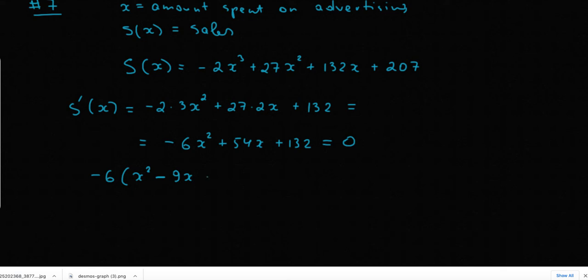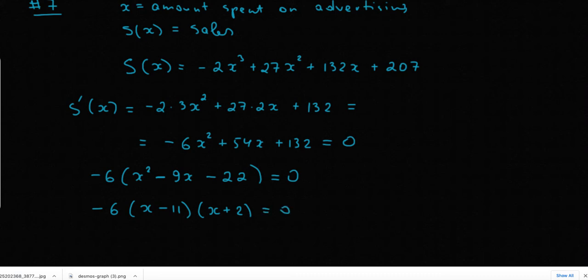And then we're going to have negative 132 divided by -6, and so that's going to be negative 22. Okay. And then the quadratic polynomial x squared minus 9x minus 22 can be factored further as x minus 11 times x plus 2.